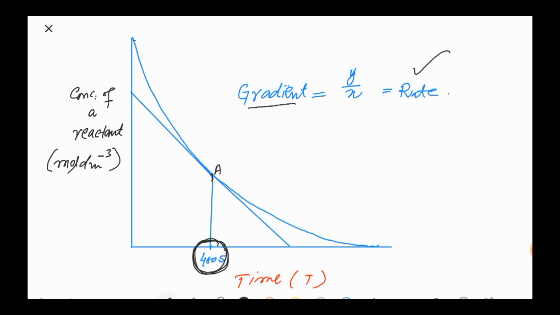Then with the help of a scale, draw a tangent and make a triangle. Then find out the gradient of this graph, which would be equal to y over x. So actually y over x, or gradient of this graph, which is also the slope of this graph, will be equal to the rate of this reaction.